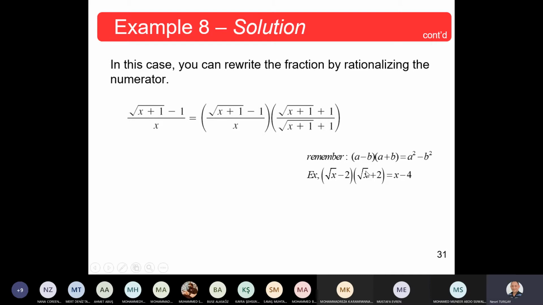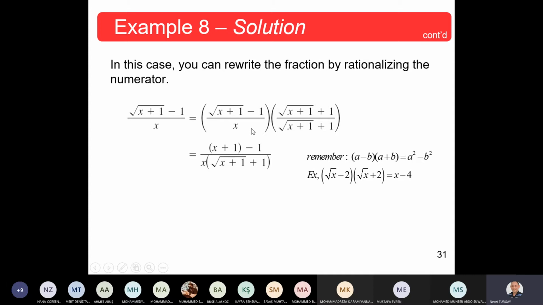Second step, you are using this idea now. This is your A, this is your B. A squared is now x plus 1, minus B squared, which is 1 to the power 2, 1. So in the numerator, this multiplied by this gives you this one.